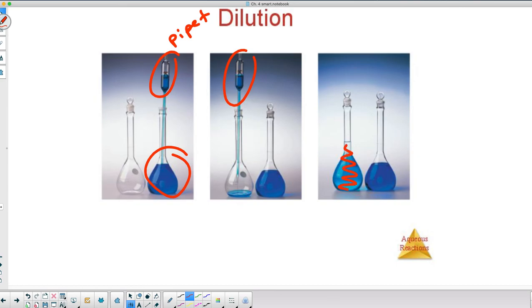That means pure water, and you'll notice a difference in the color, meaning that this is the diluted solution and this is the concentrated solution. So that's all dilution is: taking a piece of a concentrated solution and then filling it with water to get a less concentrated, lower molarity solution.